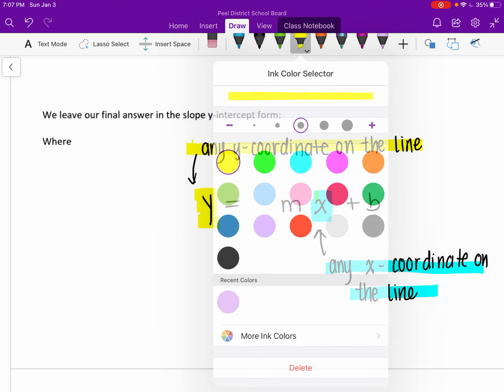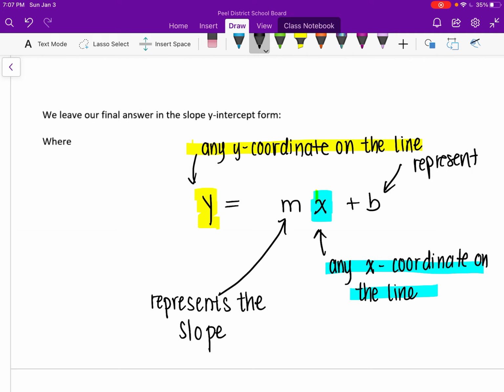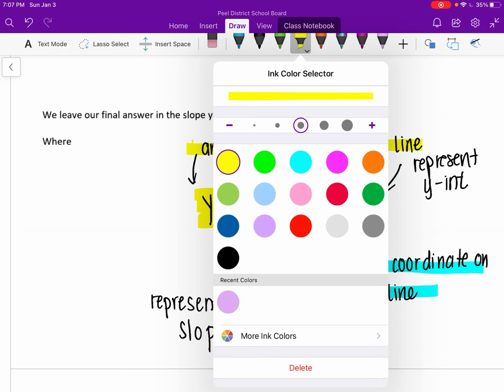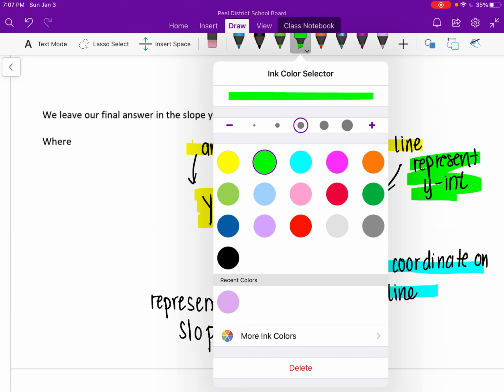And then m represents the slope. b represents the y-intercept, and we'll talk more about what it means to be a y-intercept in our next lesson, but it is really important to remember that b represents the y-intercept.